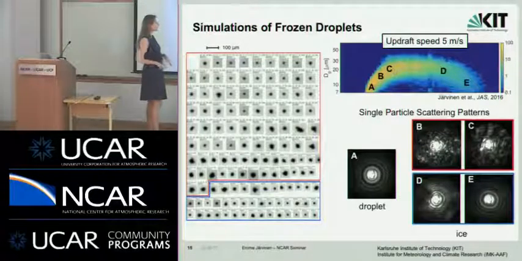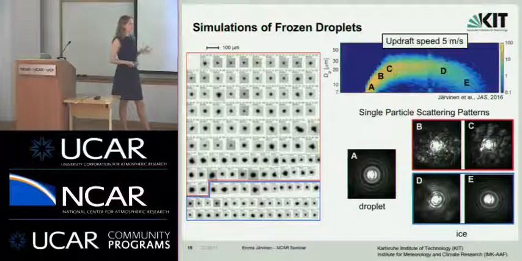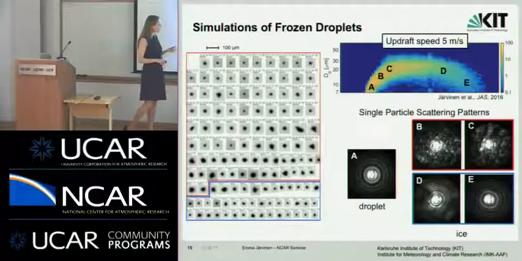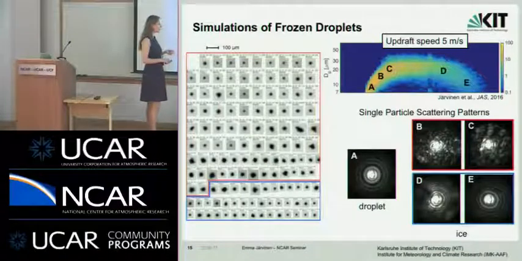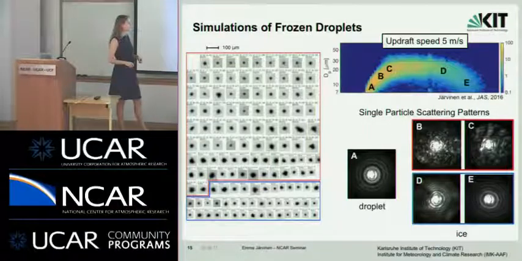Then as the droplets freeze, we get these really complex speckled images indicating a high degree of complexity. And then as we sublimate these ice particles, we get these rings back. First we have some deviation, but at the end we have scattering patterns that cannot be resolved any more from the droplets. But these are still ice particles because we are still at minus 40 degrees.